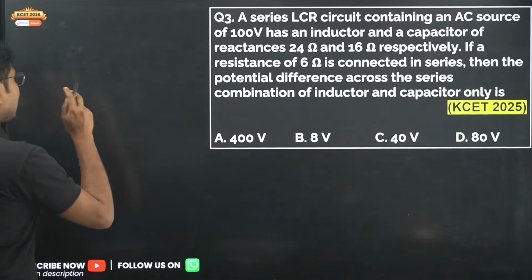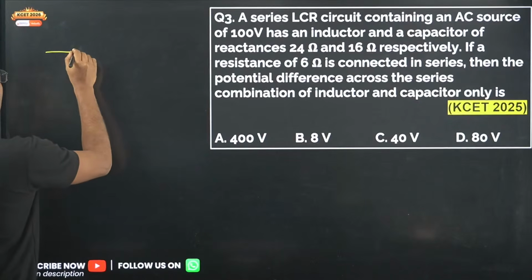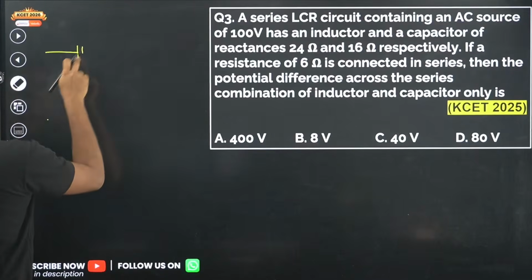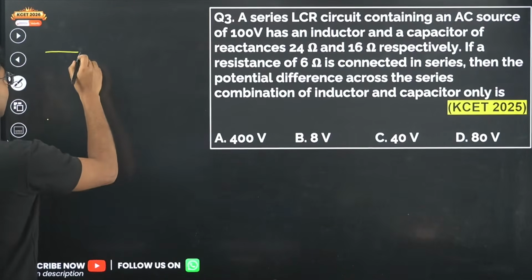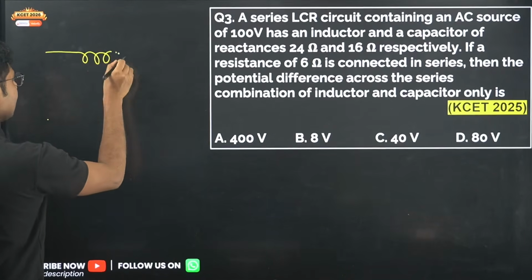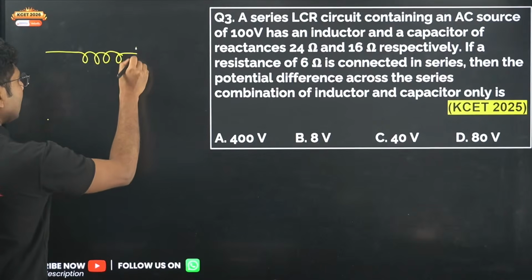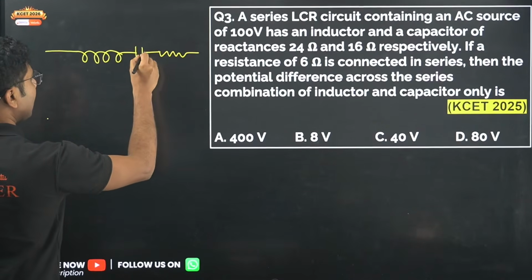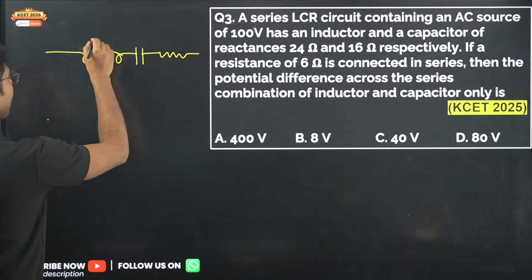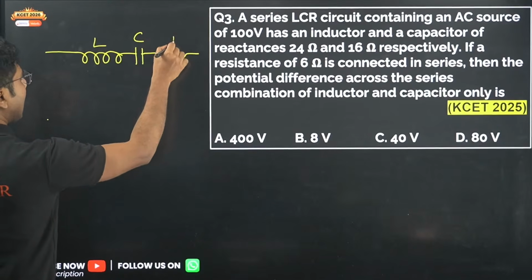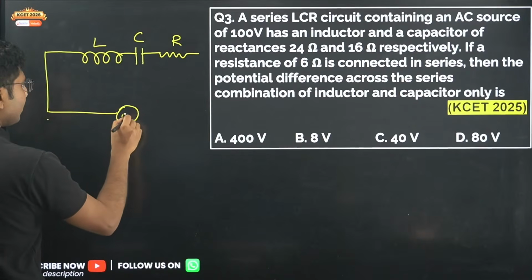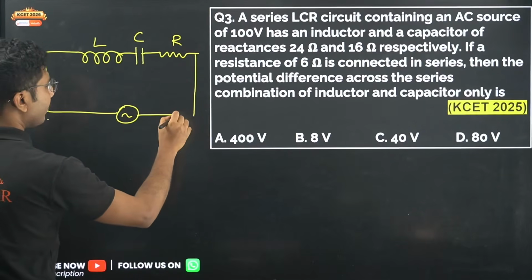So let us understand this question first. Here we have an inductor, a capacitor. First is the inductor. Inductor means this coil. There is a capacitor. Also we have a resistor. So L, C, R, and they are connected across an AC source of 100 volt.